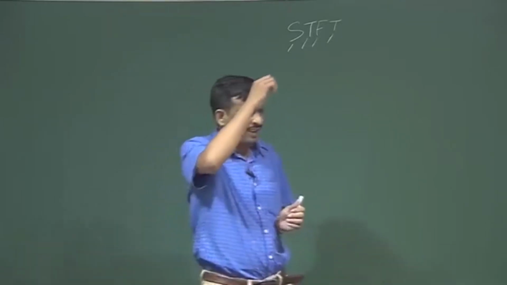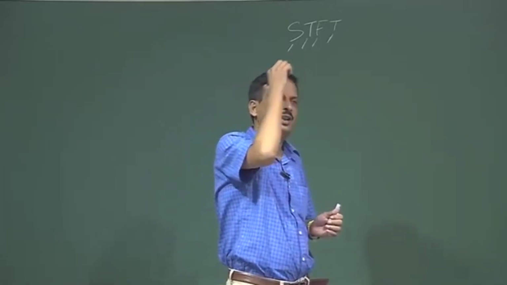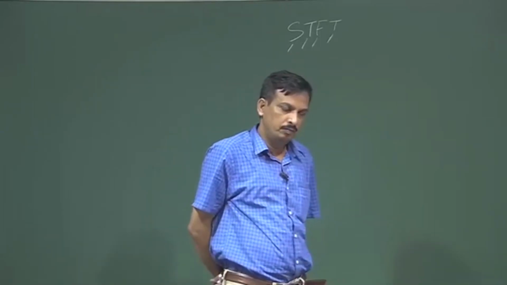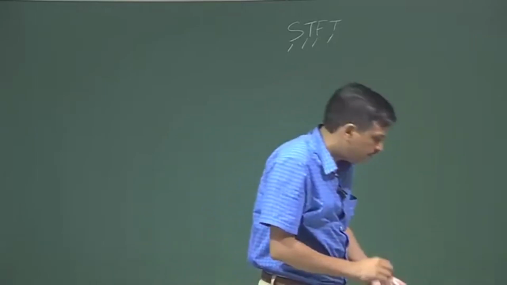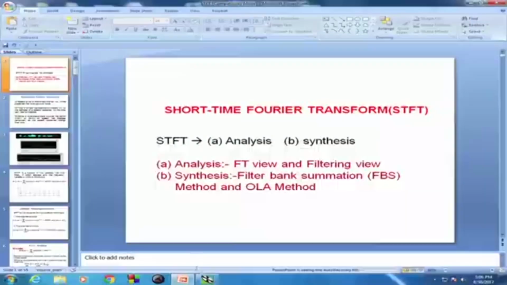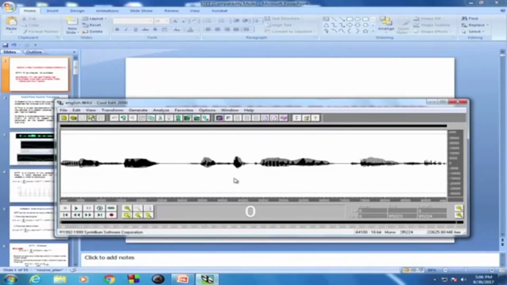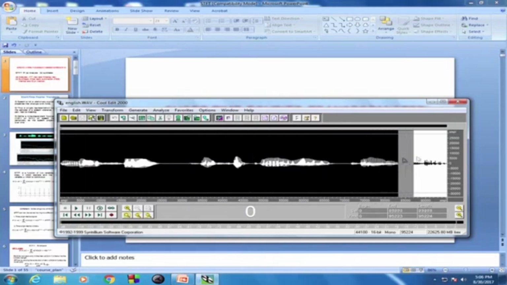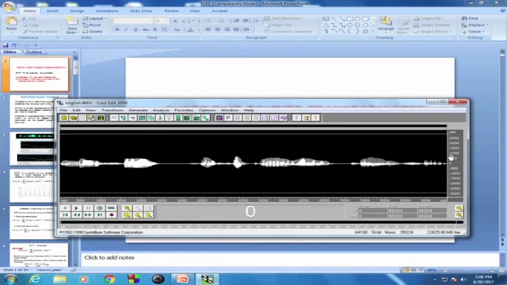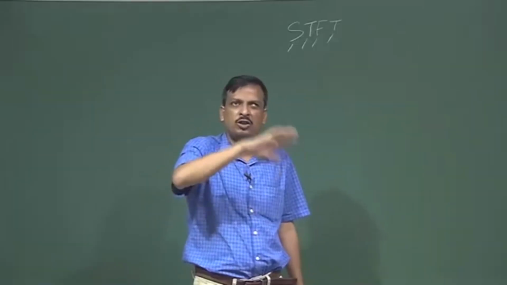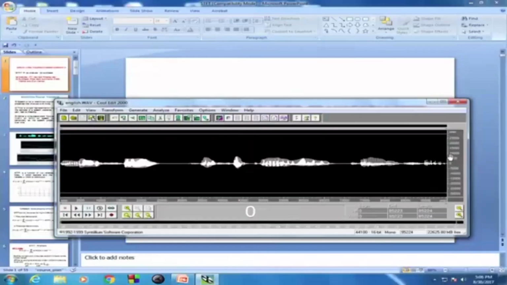So, what is STFT? Why does STFT come into the picture? Now, suppose this is my whole speech signal. If I take the Fourier transform of the whole speech signal, then I get a spectrum or frequency domain representation which consists of the average of all the variation.